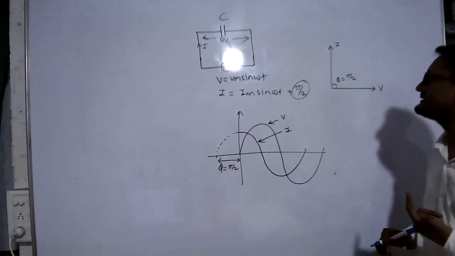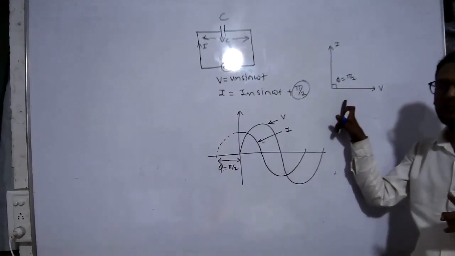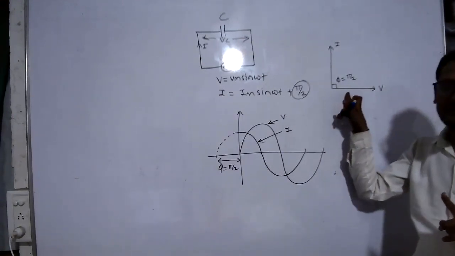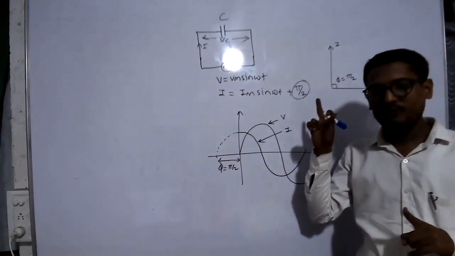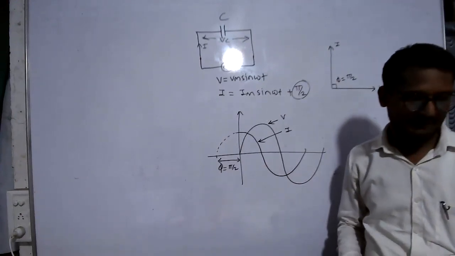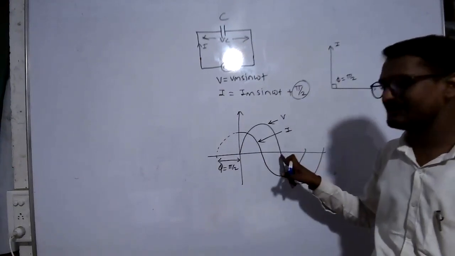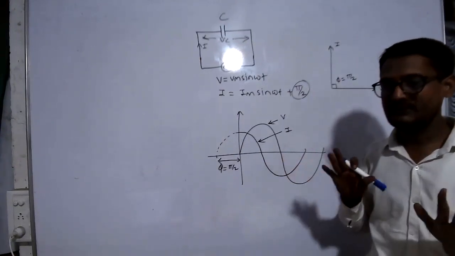This is the phasor diagram and the waveform for the pure capacitive circuit.